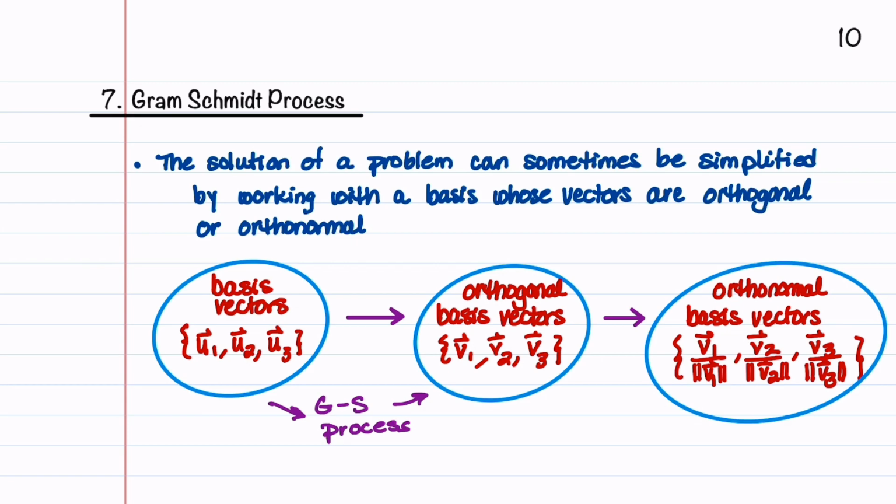And then we often want to make those vectors orthonormal, so we normalize them. And we go through a normalization process to get the orthonormal basis vectors.